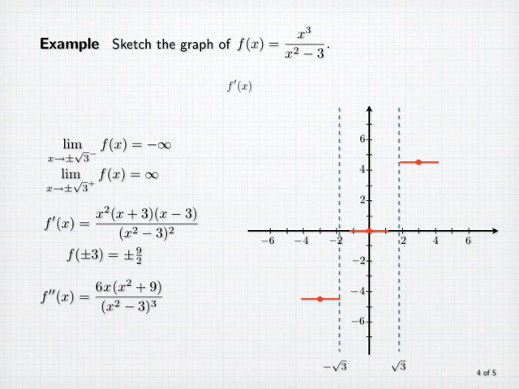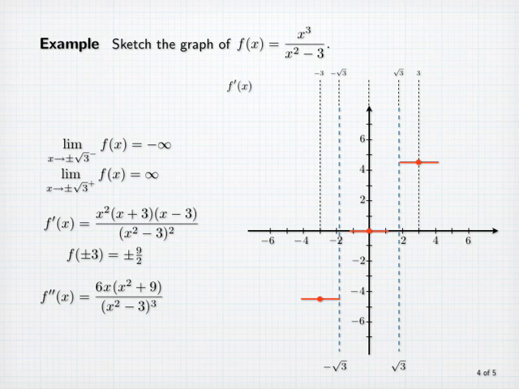Now let's think about the sign of f prime of x. Notice that the x squared in the numerator of f prime of x, as well as the denominator, x squared minus 3 quantity squared, will not really play a role in determining whether f prime of x is positive or negative, since those can never be negative. So we really only have to look at x plus 3 times x minus 3.